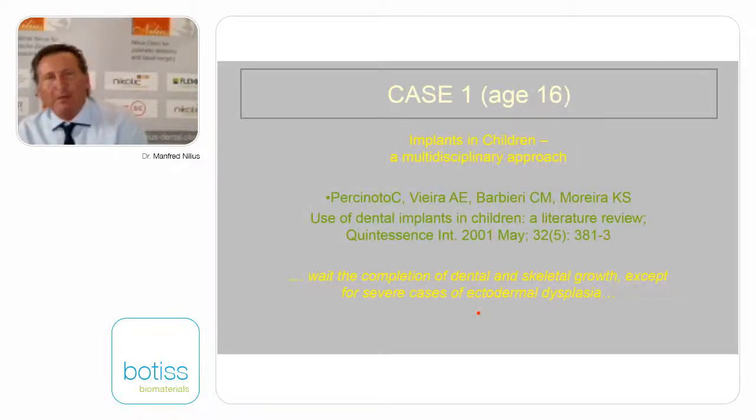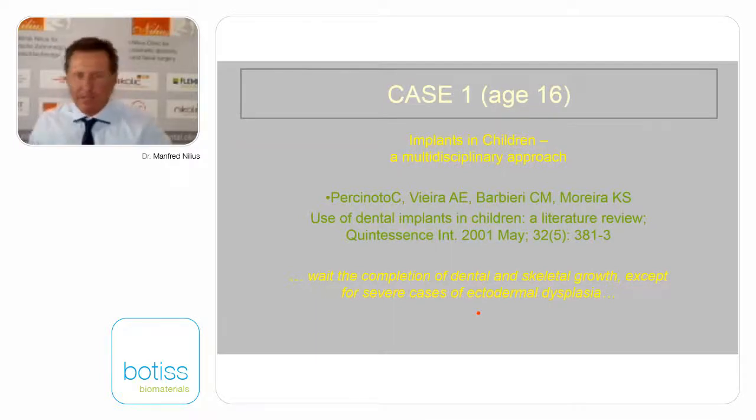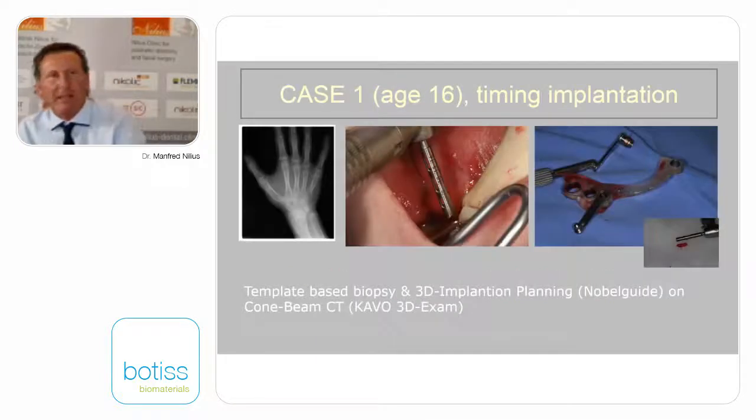Putting implants in children is a big question. Normally, we wait for the dental and skeletal growth, except in severe cases of ectodermal dysplasia. In this case it is an ectodermal dysplasia, so we decided to make an X-ray of the hand, and we found out that he was not growing on.